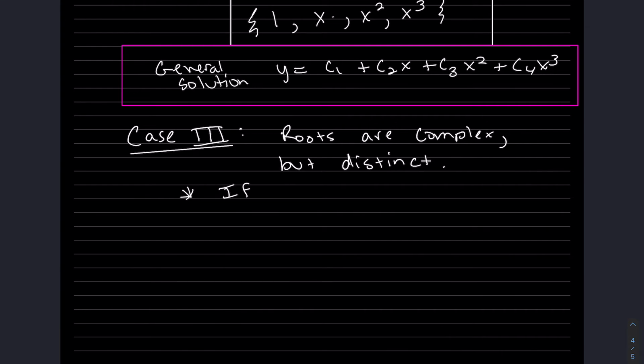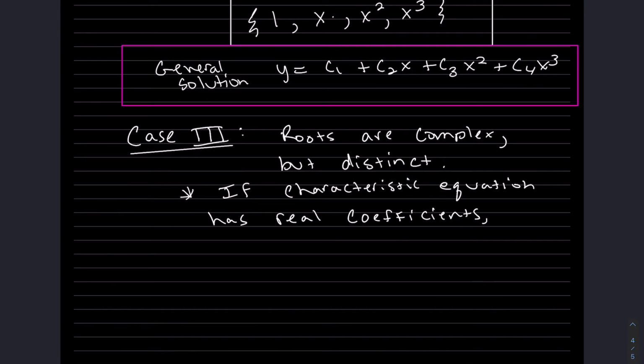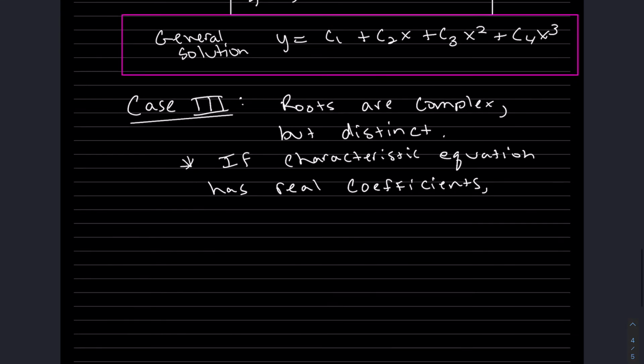If the characteristic equation has real coefficients, then the complex roots must come in pairs. It's the conjugate. So let's look at an example.